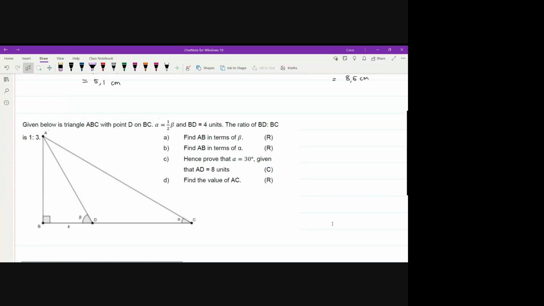We need to remember things like ratio. We need to now start thinking outside of just practical numbers, because a lot of these are not going to give us just numbers. So I want us to read the information very, very slowly and try and make sense of what's happening over here.